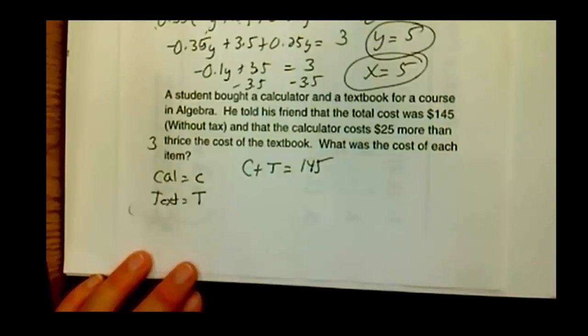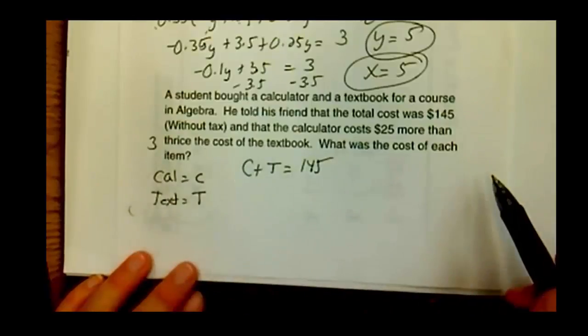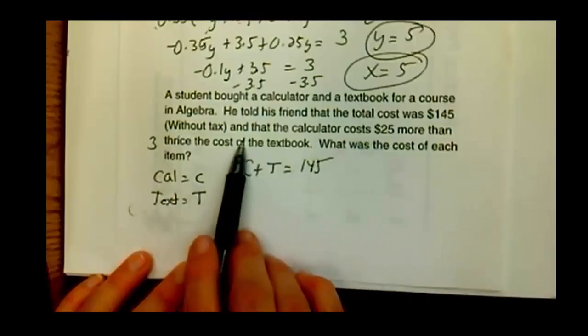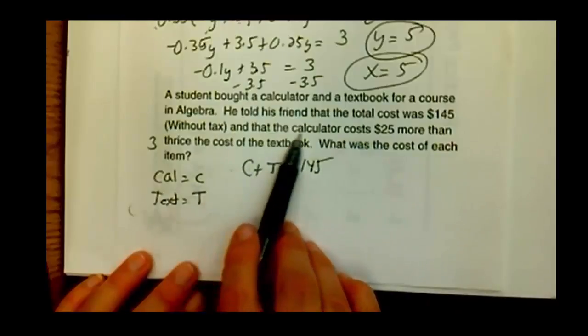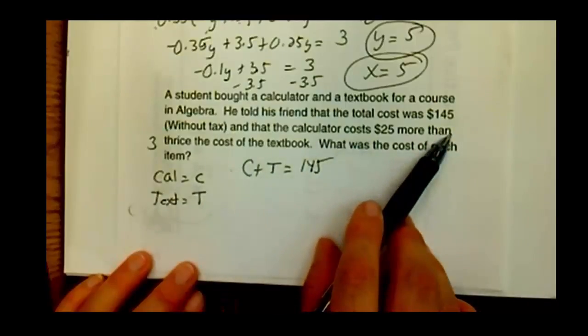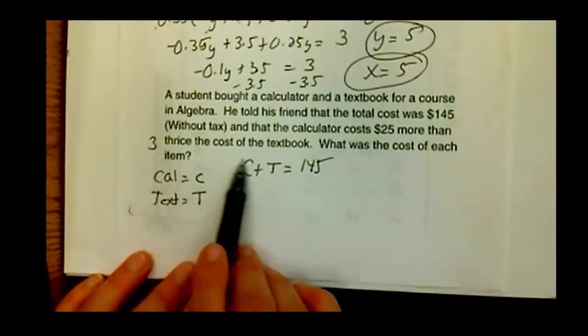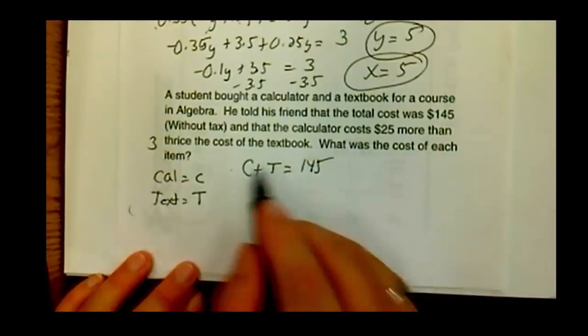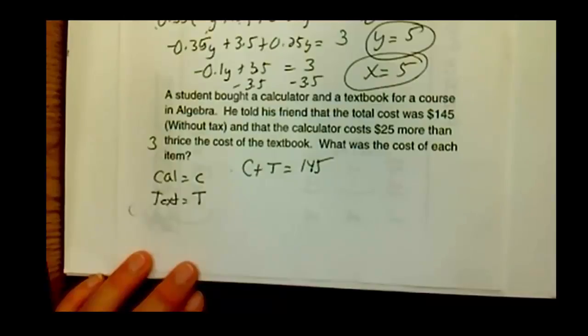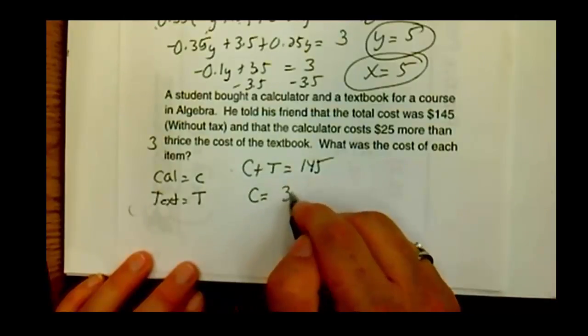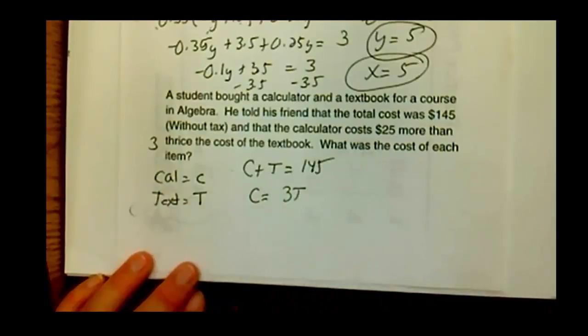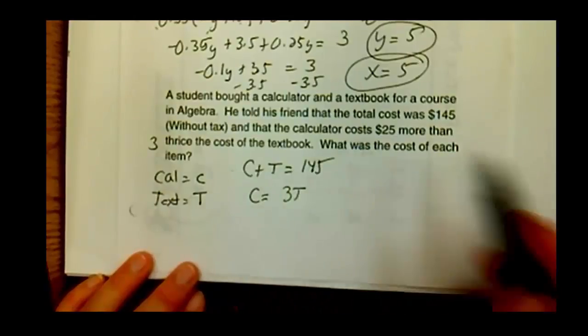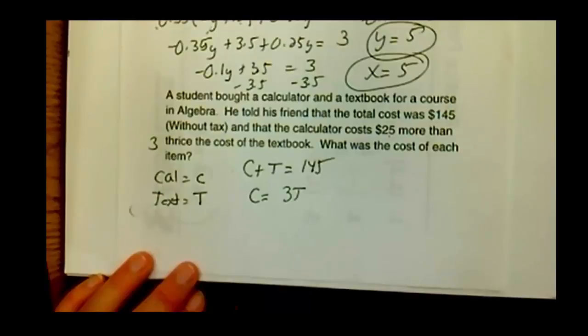And then if we read on, we've got to get the second equation. So that's the first one. So the second one, it says the calculator costs $25 more than thrice the cost of the textbook. So what does that tell me? The calculator is 3 times the textbook. We got that part. So what happens to this 25?